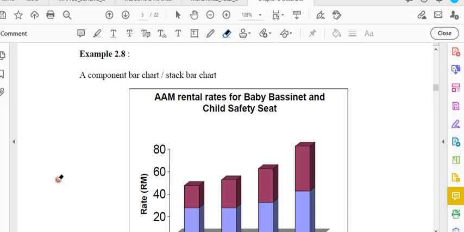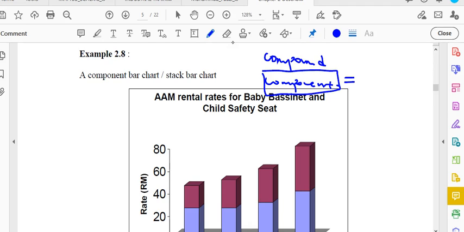You can see, between compound and component, which one is longer? Component, right? So that's why it is stacked together.